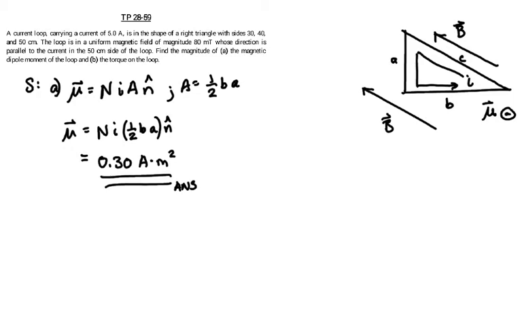Now, you'll notice that there's two sig figs here, and if you look at the problem statement, 30, 40, 50 for the dimensions, and then the magnitude of the magnetic field is 80 milliteslas. Well, those are all just one sig fig, and the reason we went with 2 is often Halliday, Resnick, and Walker assumes that there is a dot after the 30.